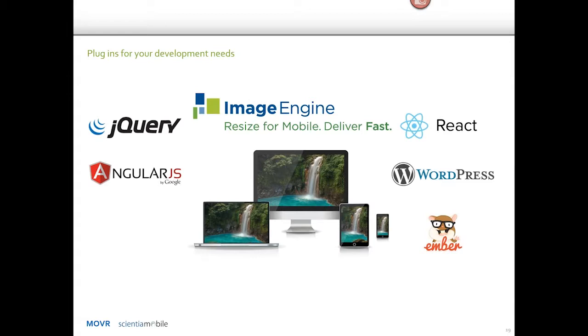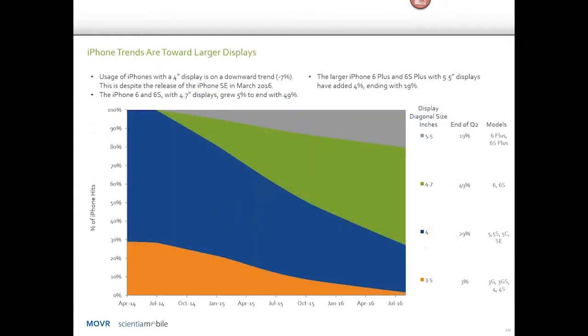And Jan Arne, why don't you talk a little bit about the various ways that you can implement this? We have a lot of plugins that you can use. Yeah, it's very easy to start using even without any plugins. It's just a matter of prefixing your existing image URL with a token and the hostname that you get when you sign up for ImageEngine.